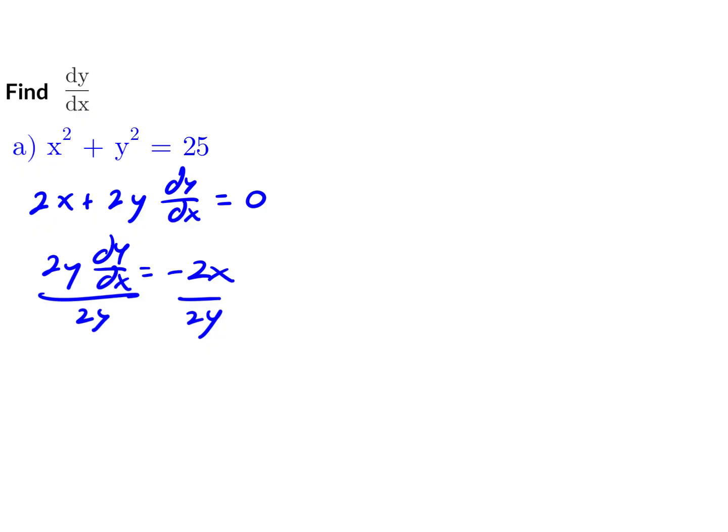So dy/dx is negative 2x over 2y, and the 2's cancel. Write that out. So there you go. Hopefully that wasn't too big of a deal.